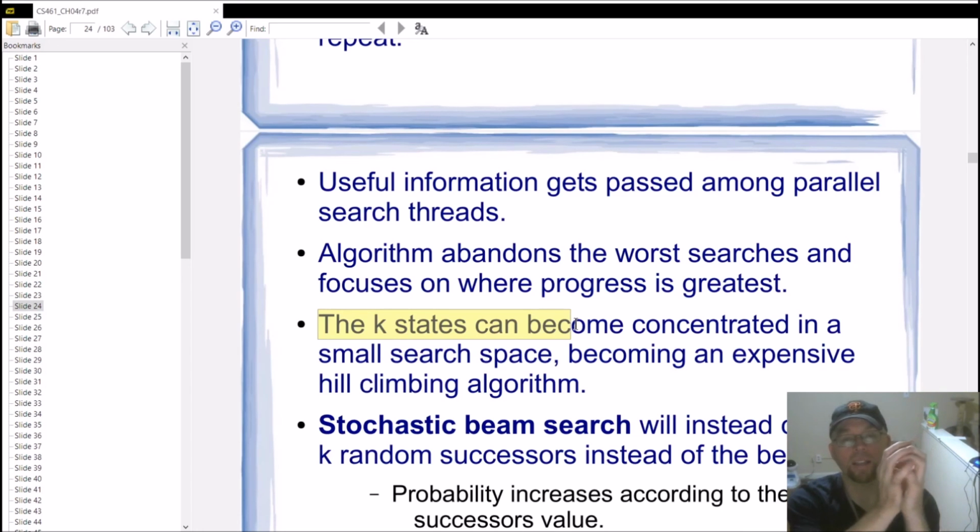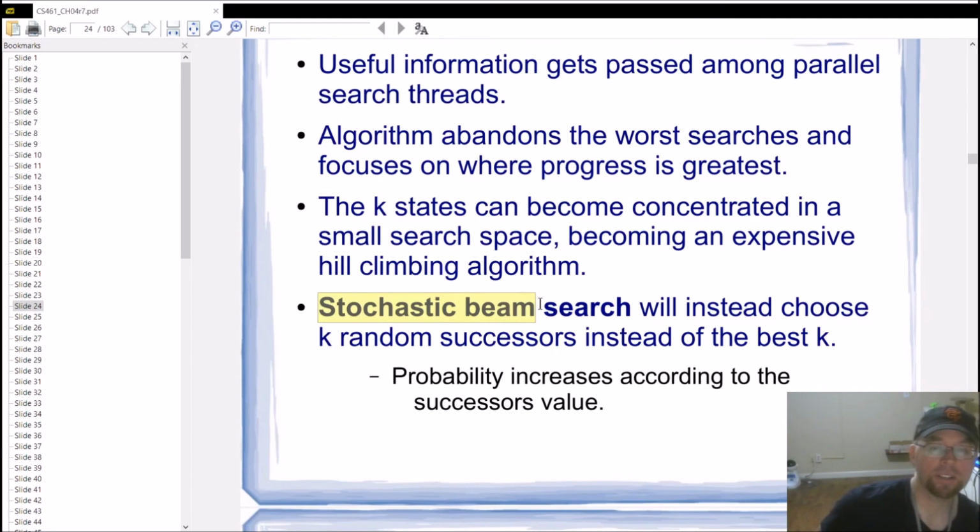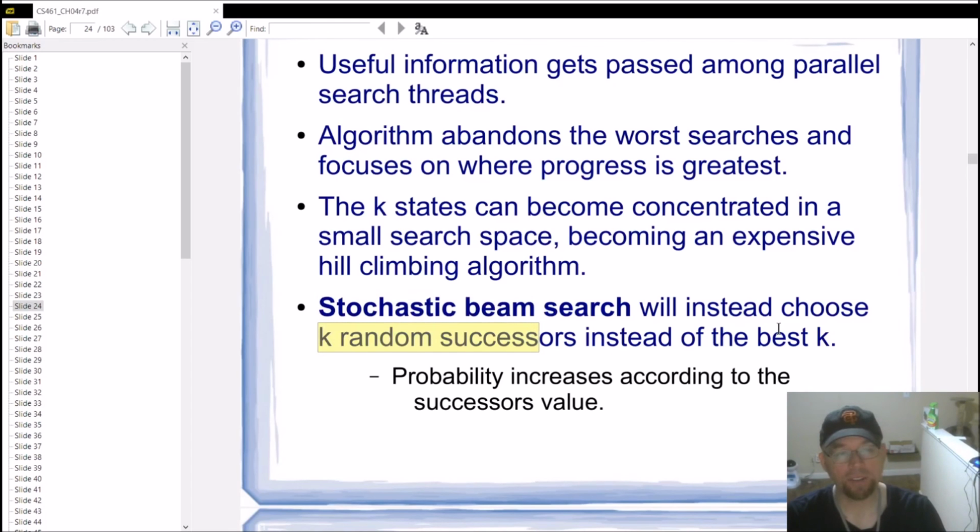At that point performance degrades, because all the searches are focusing on moving around through this smaller subset of the state space. A variation of this is stochastic beam search, which chooses k random successors instead of the best k.